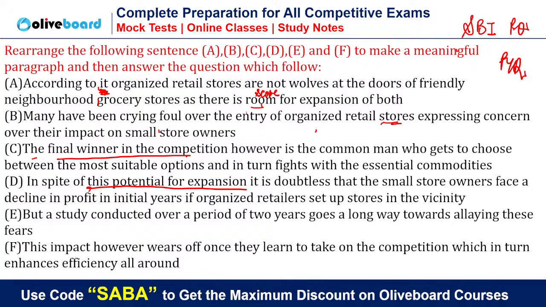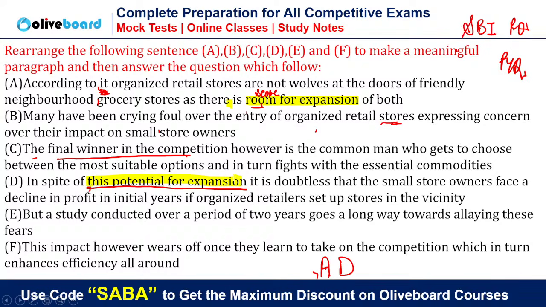Can I say that AD will form pair? CD will form pair or AD will form pair? First of all, tell me. See, the same word is not given here. But room means scope means potential. So can we say that AD is forming pair?